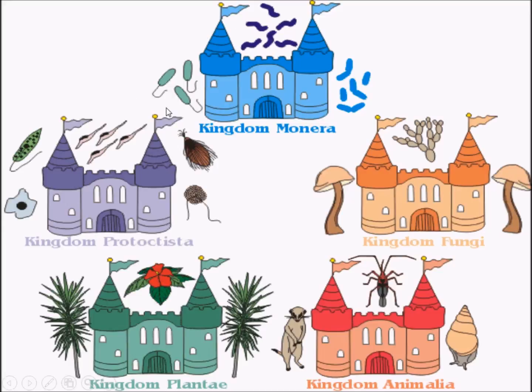In both the kingdoms, there are autotrophic and heterotrophic organisms. They also include organisms which have cells with cell walls and cells without cell walls. All the organisms of these kingdoms do not originate from single ancestors.